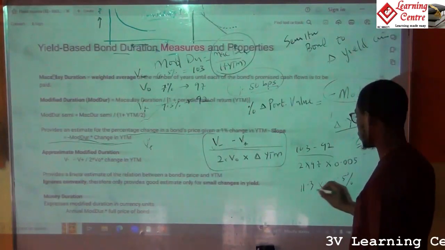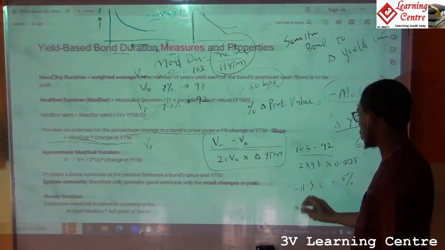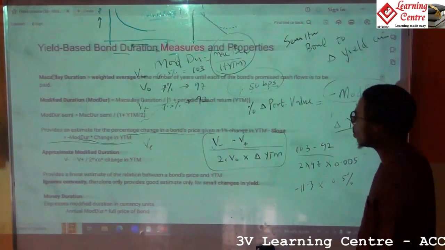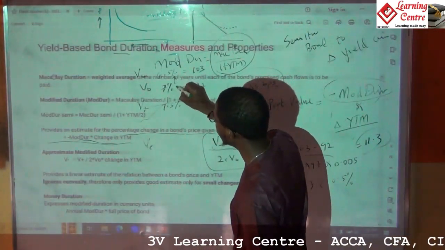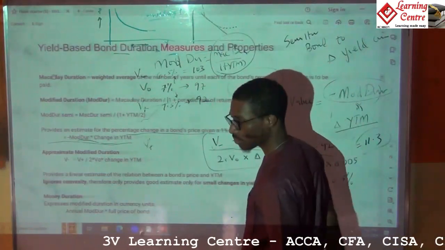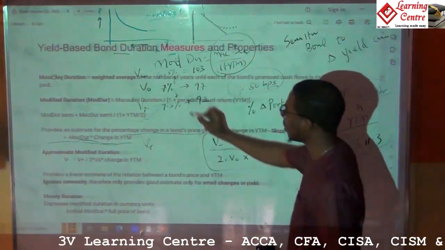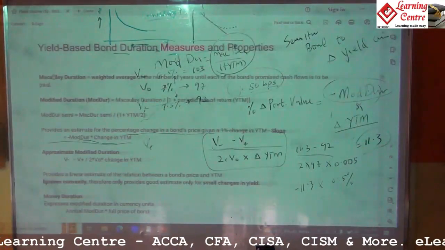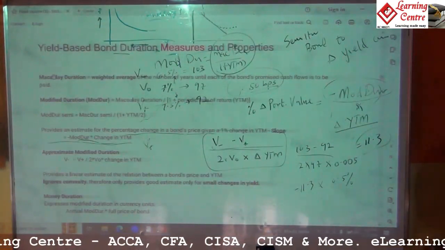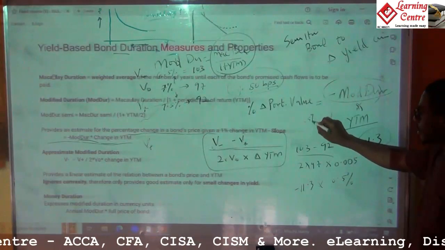How did you get the percentage change in price? You change the yield. It is from this point. By how much have you changed this part here? A 0.5% change in yield. That's why the change is 4.05, 0.5% in decimals.